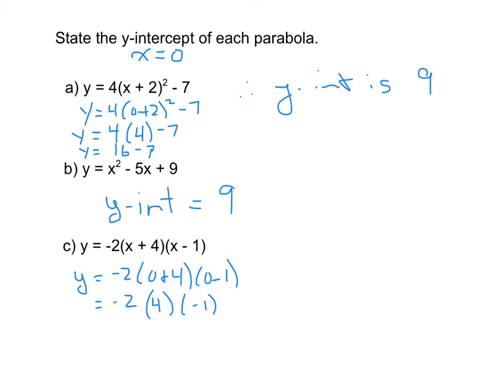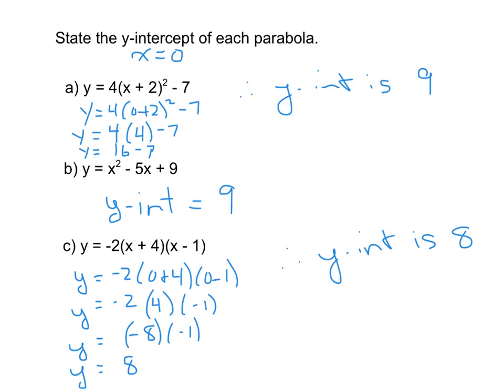Okay, now just multiply all the numbers together. So -2 times 4 is -8. -8 times -1 is 8. So the y-intercept here is 8.